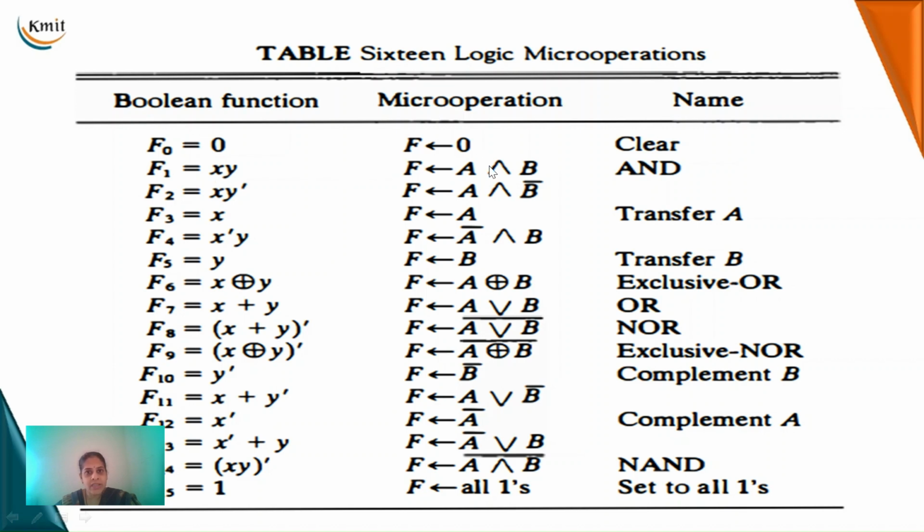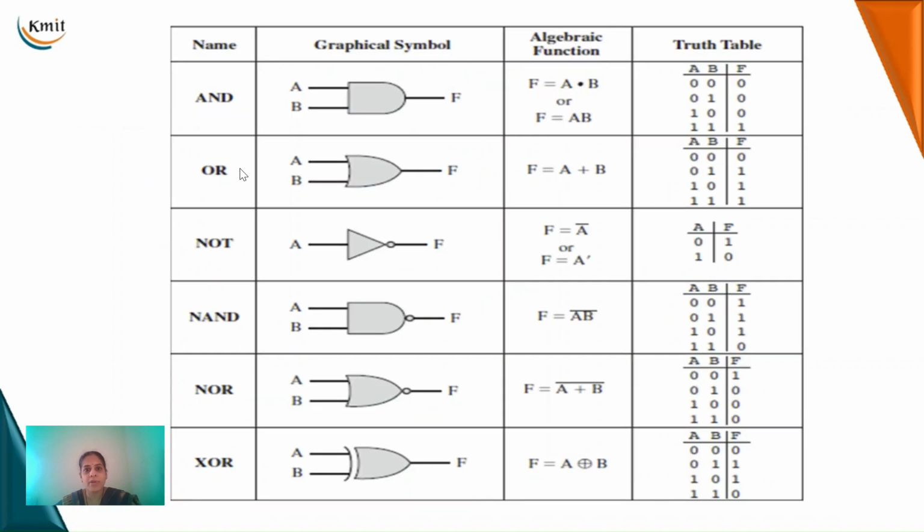Coming to F1, it performs x into y, xy. That is represented in the form of a microoperation as A and B. So it performs an AND operation on the contents of A and B, or x and y. I hope you already know the truth tables for the logical operations AND, OR, NOT, NOR, XOR and so on. NOT is nothing but a complement operation.